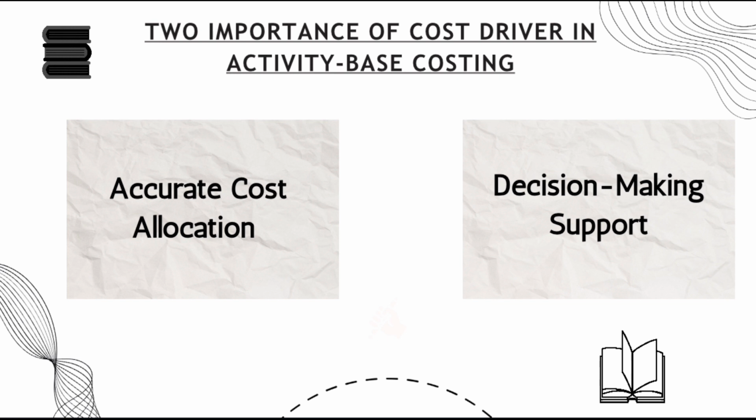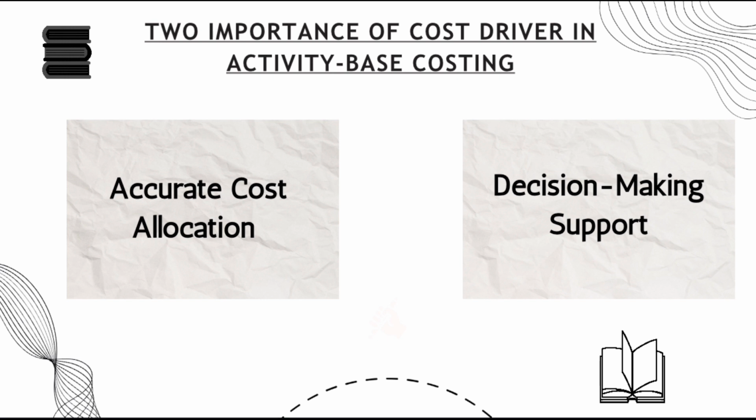They can also assess the cost impact of changes in activity levels or the introduction of new products or services. By linking costs to specific activities through cost drivers, activity-based costing facilitates more accurate cost analysis, enabling better decision-making to optimize operations and enhance profitability.